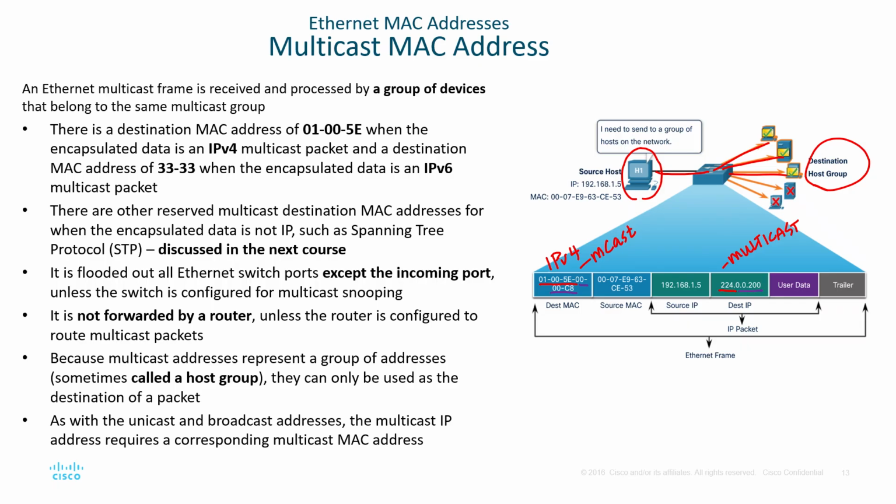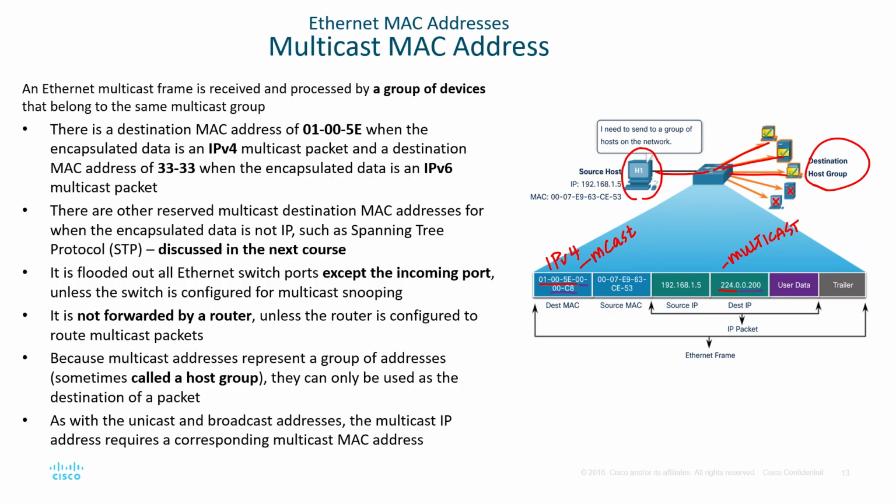Now, there are other reserved multicast destination MAC addresses for when the encapsulated data is not IP, such as Spanning Tree Protocol, STP. You're going to learn about STP in the next course, but just at this juncture, understand that there are other reserved multicast destination MAC addresses.